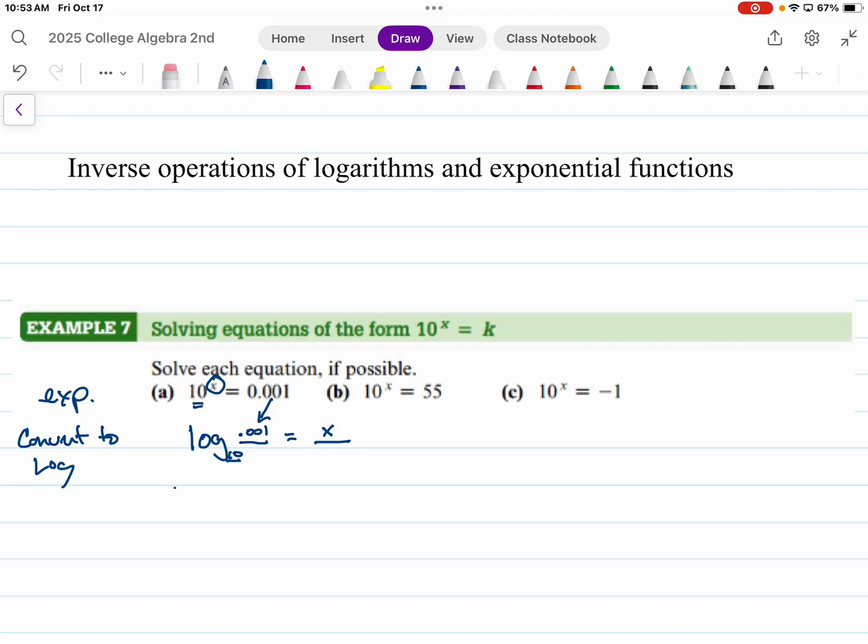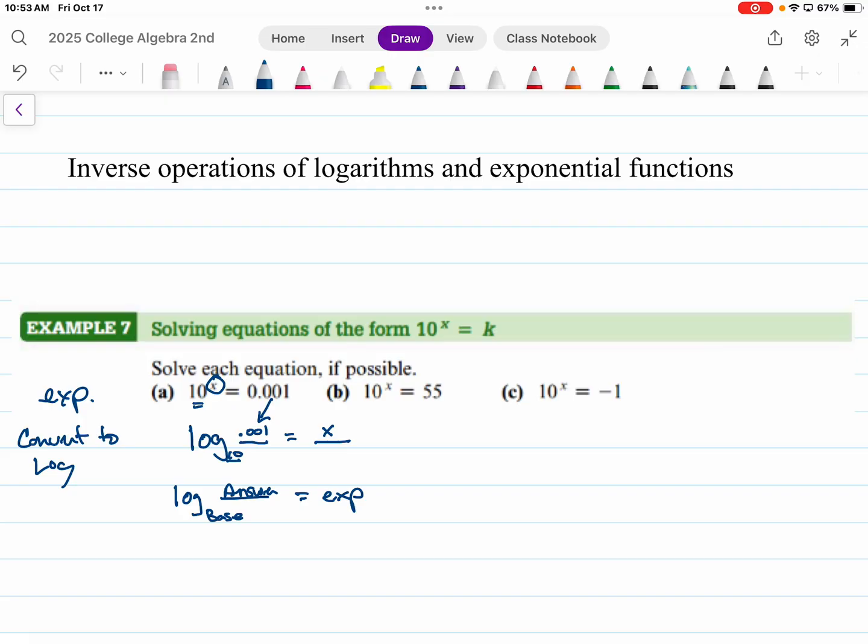So it's log, and then we look at our base, and then we have the answer equals the exponent. When we're in exponent form, the exponent is the final answer in the logarithmic form. The answer from the exponential form is technically what's after the log, and whatever is being raised to a power is technically the base.